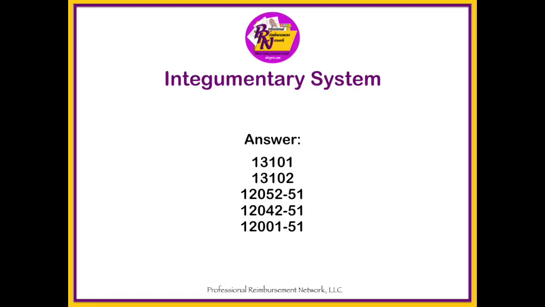And the answers are CPT code 13101, 13102, 12052 with 51 modifier, 12042 with the 51 modifier, and 12001 with the 51 modifier. Code 13102 does not get a 51 modifier because it is an add-on code. The 51 modifier is not added to add-on codes.